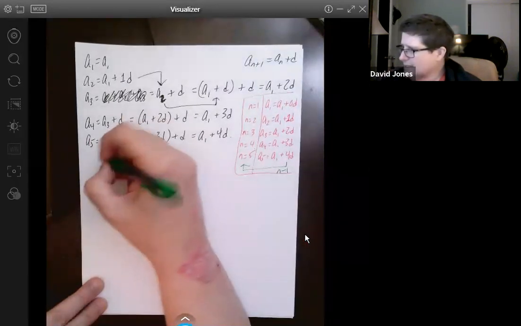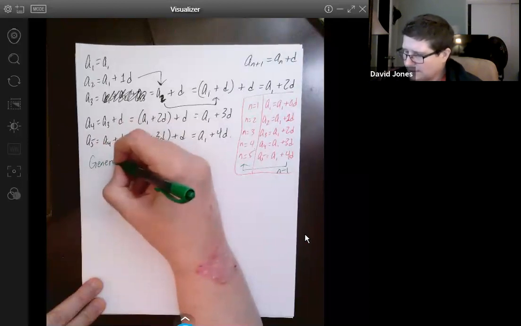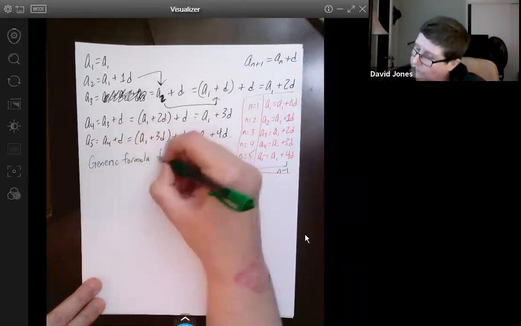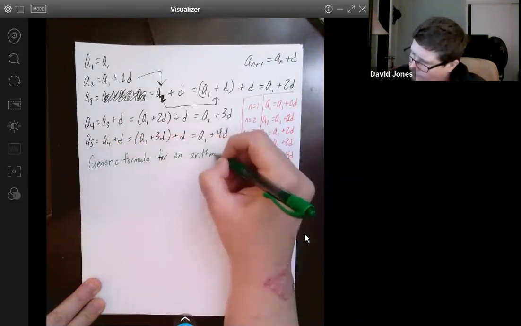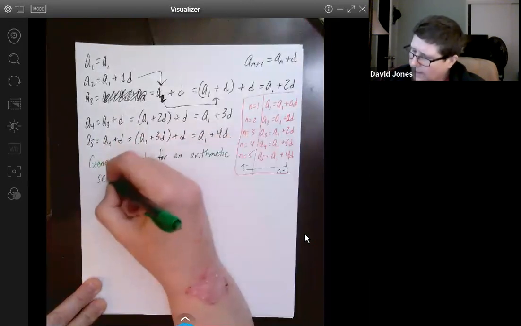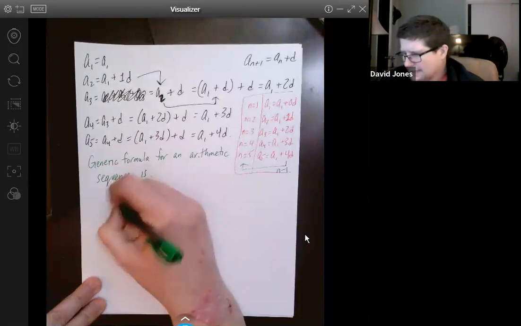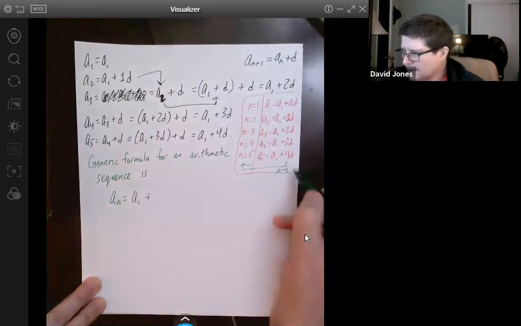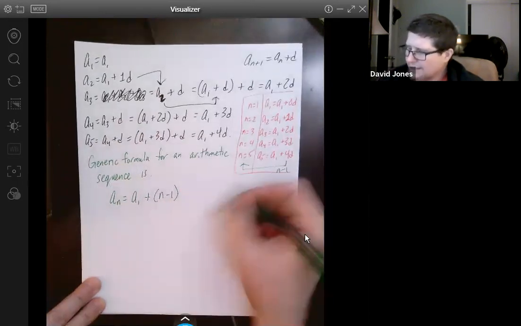I could write this entire thing, the generic formula for an arithmetic sequence, is a sub n equals the first term plus, I'm not going to use the numbers now, I'm going to use the n minus 1 times the common difference.